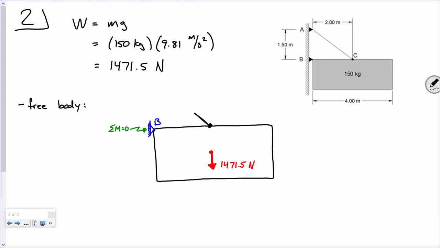So we'll say the tension in that cable looks something about like this. Now, what I love to do is split things up into x and y. So this is Tx and Ty, okay? Now those components are related, right?